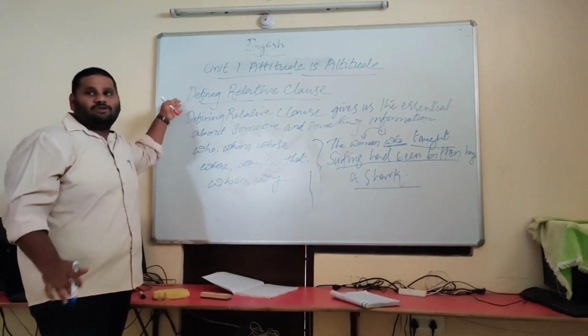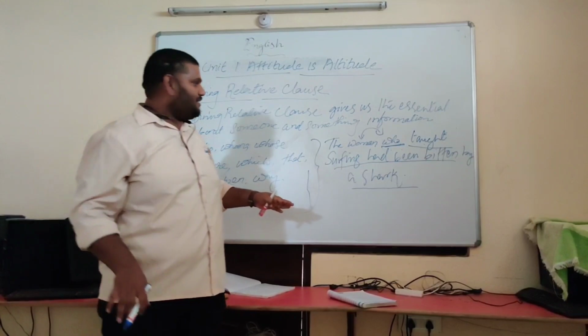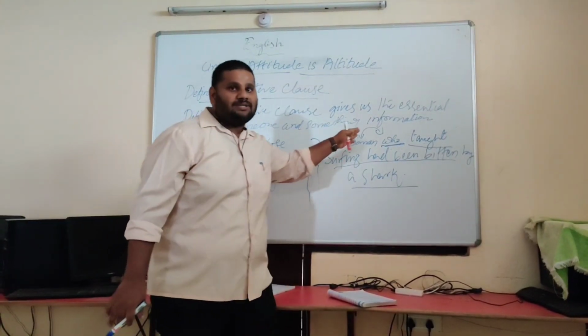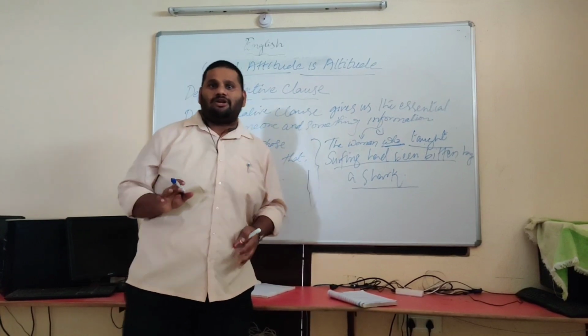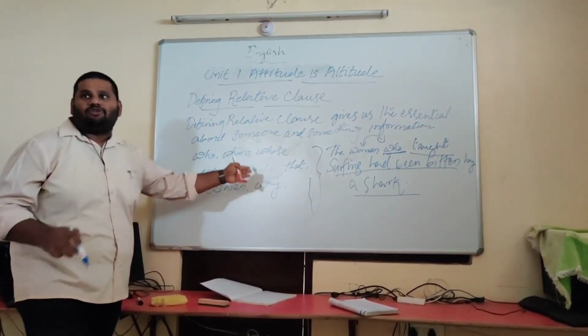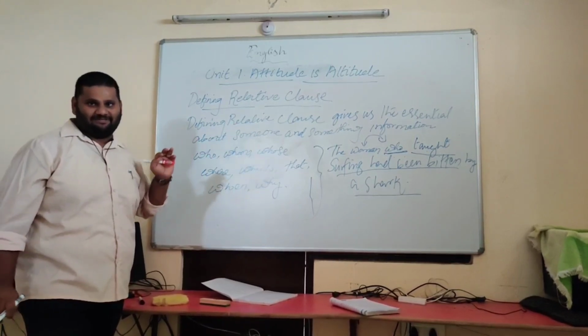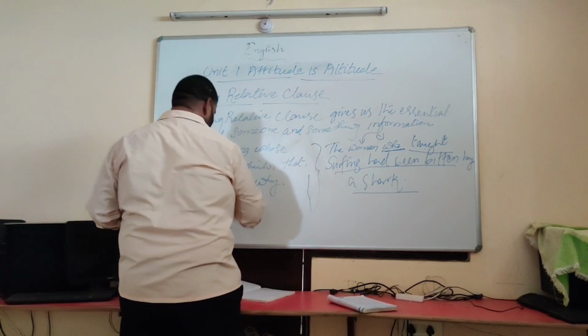In a defining relative clause, we find that there are no commas in the sentence, but a non-defining relative clause can be divided by commas or hyphens. So we can look at the textbook itself.